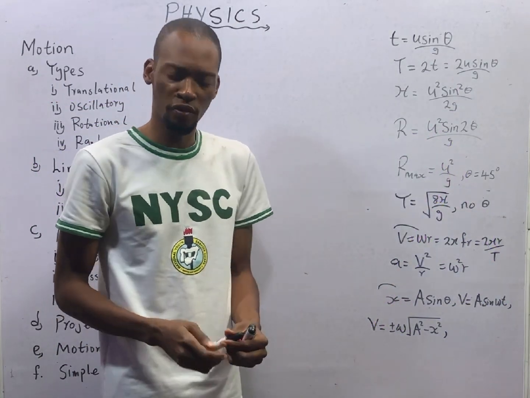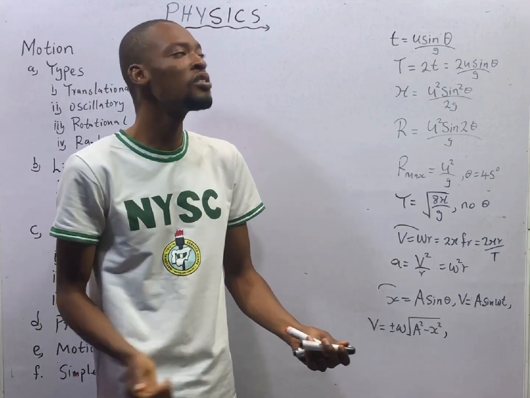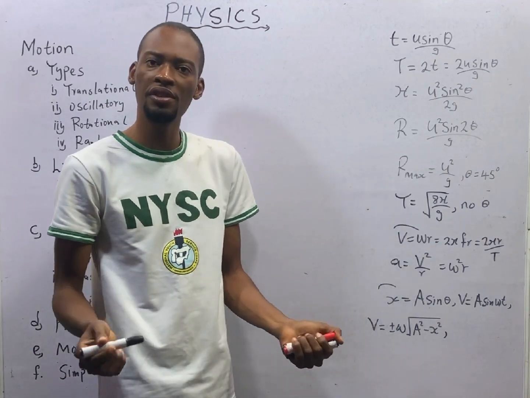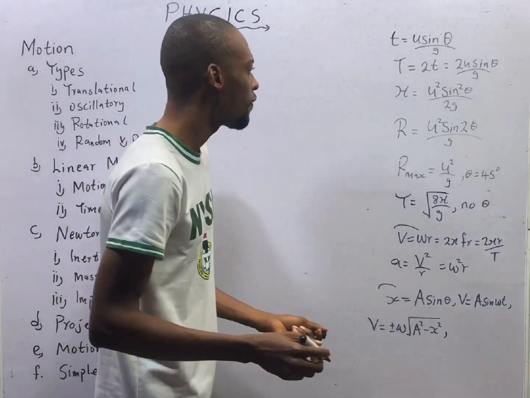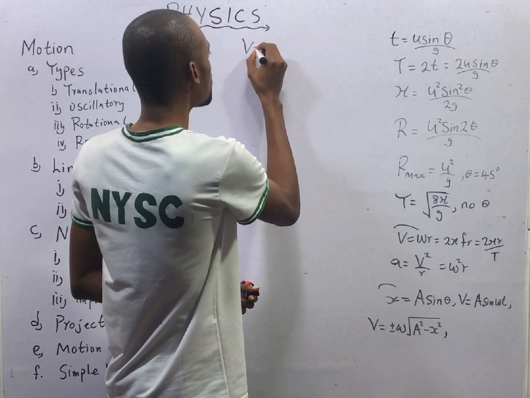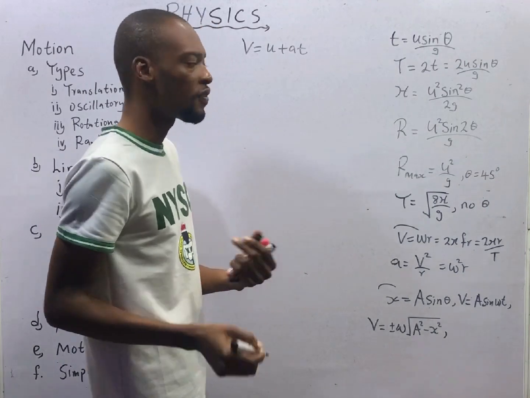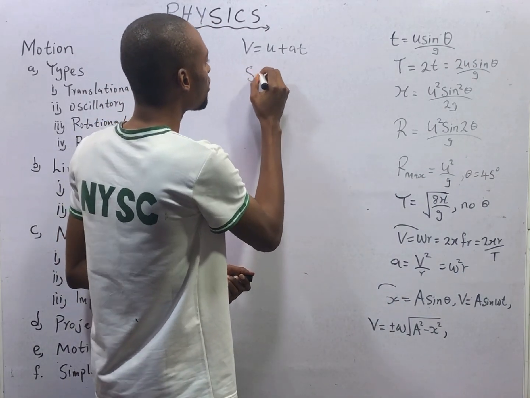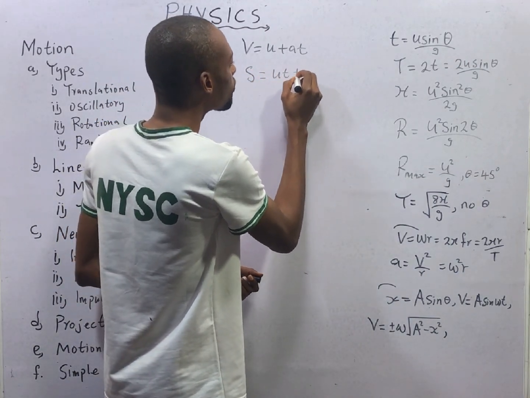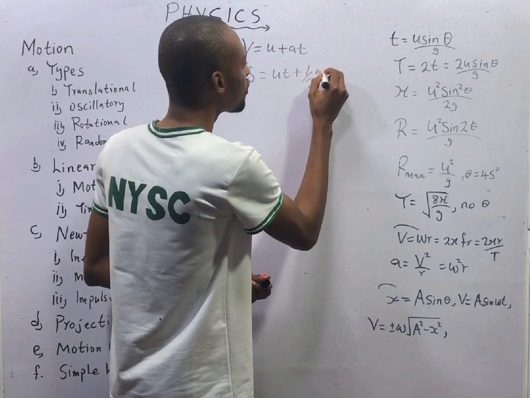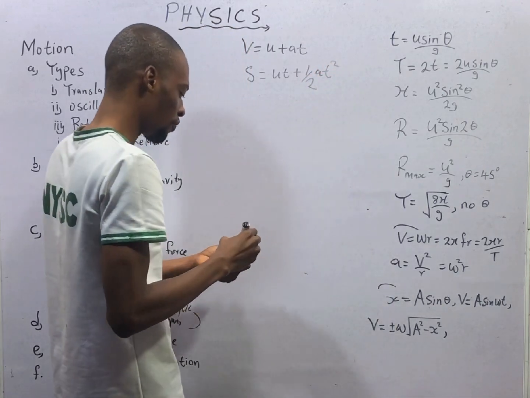Now, from the laws of motion, we are able to arrive at three equations of motion. The first one is v is equal to u plus at. The second one is s is equal to ut plus 1 over 2 at squared.